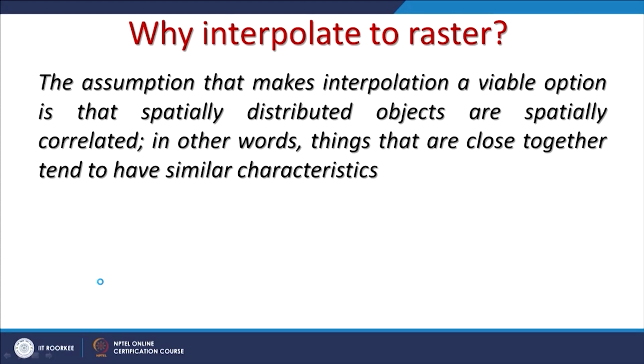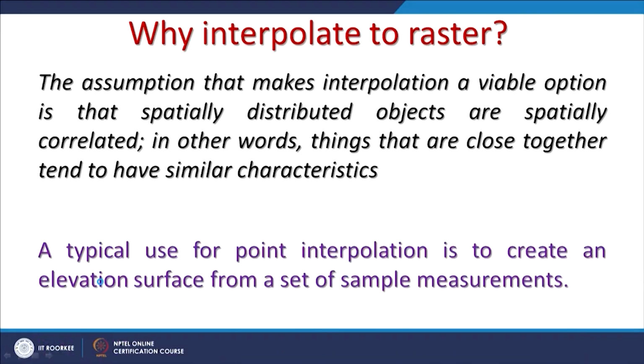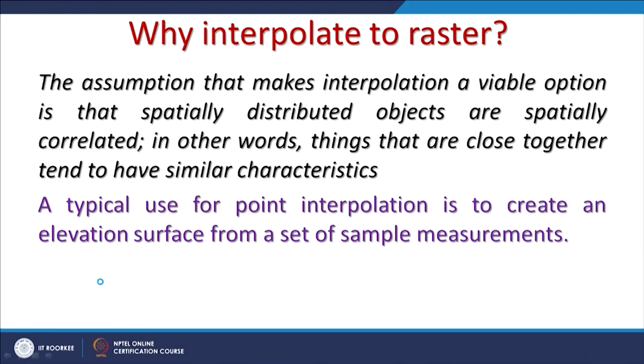In other words, that is Tobler's law of geography: things which are close together tend to have similar characteristics, and this is what is exploited in interpolation. So generally, though we say spatial interpolation, in general it is also a point interpolation, and it is used to create a surface where measurements are not possible.